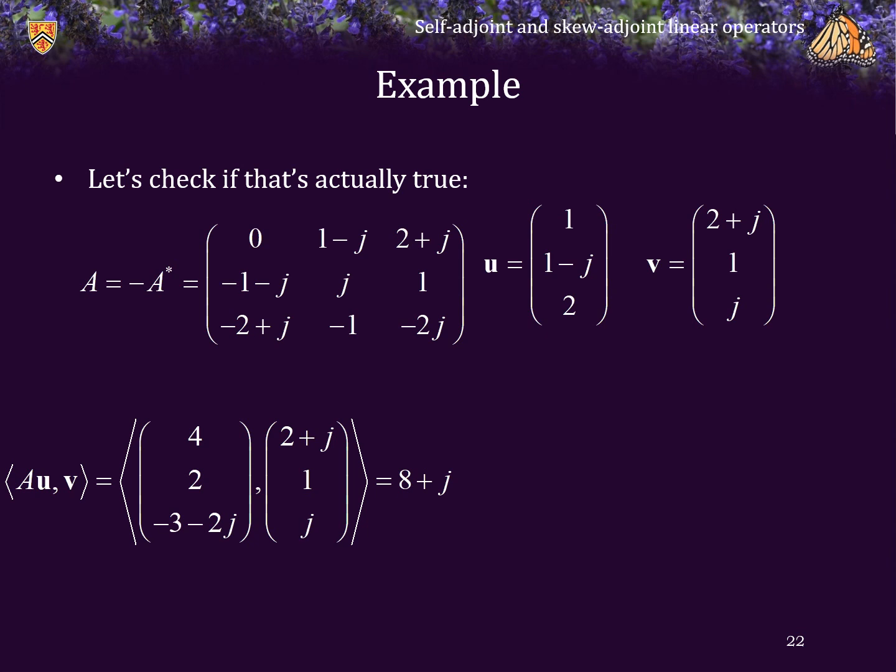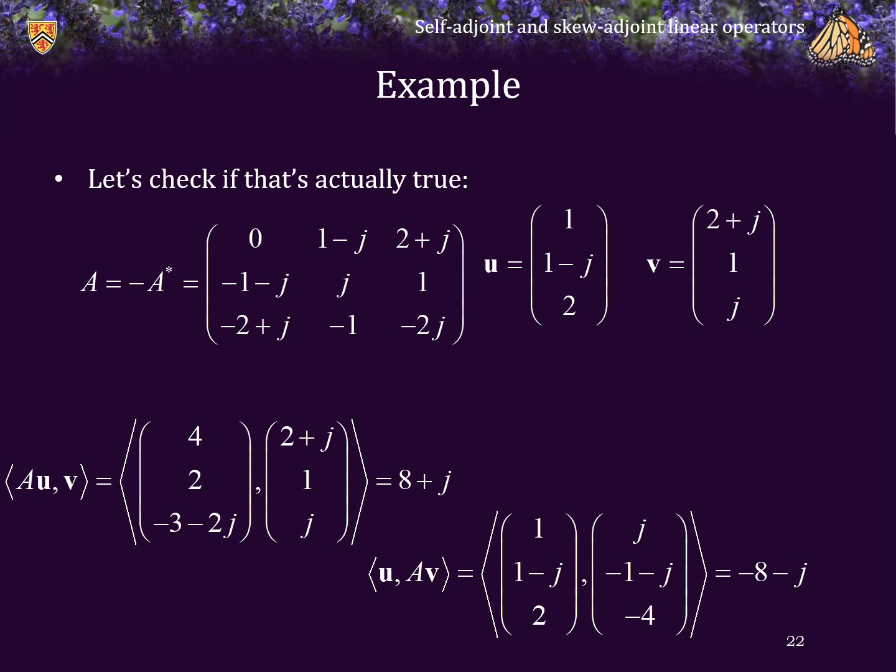And if we take the inner product of that and v, we get the value 8 plus j. If we multiply A times v, we get the vector j, negative 1 minus j, minus 4. And if we take the inner product of u and that result, we get negative 8 minus j, which is the negation of the previous result.